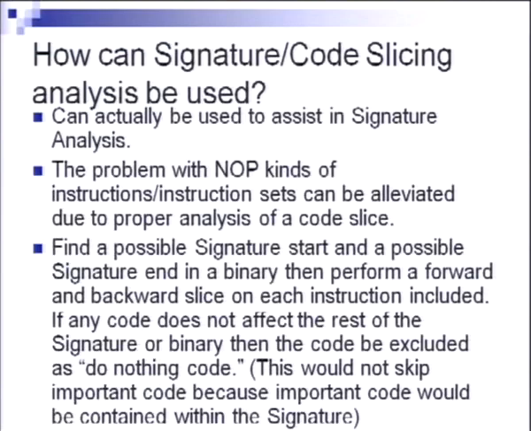And if you find anything that doesn't do anything, as in, if you do a code slice on it and it doesn't get anywhere outside of it, or it doesn't actually affect anything, then you can just strip that out as do nothing code and call it a no-op, right? Then you can pull that code out, then run your signature analyzer on it again with the actual signature analysis, and that will find that code because everything has been stripped out of it that doesn't do anything.